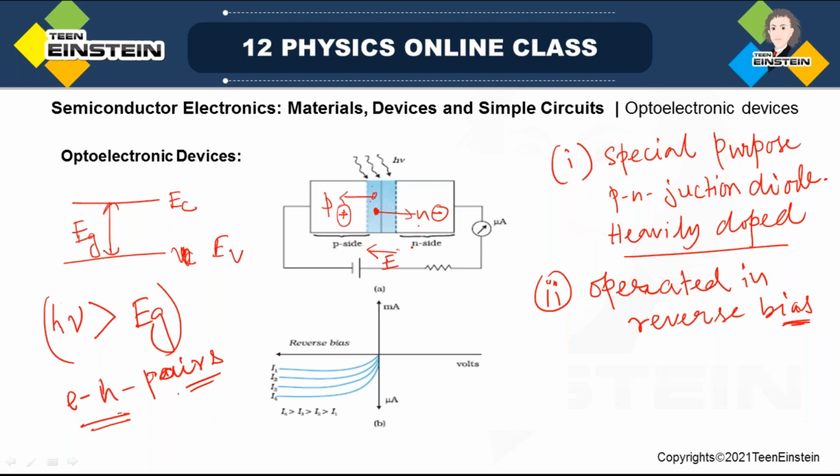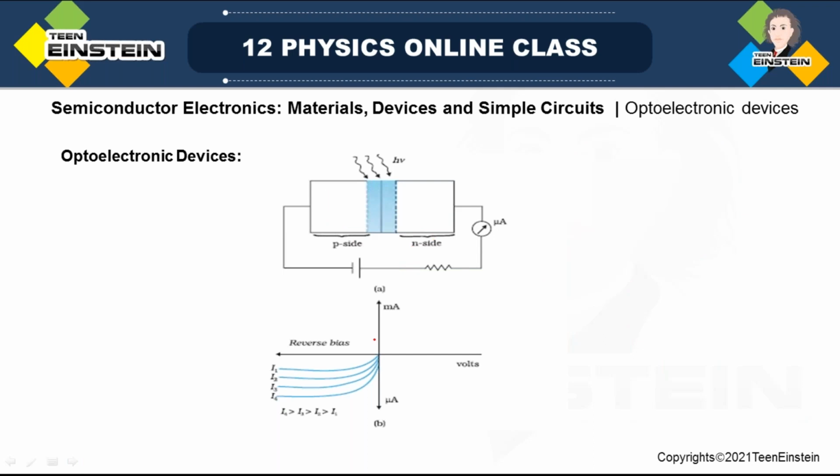Now we'll see the IV characteristics. As I said, photodiodes are operated in reverse bias, and that's why you can see the reverse bias.